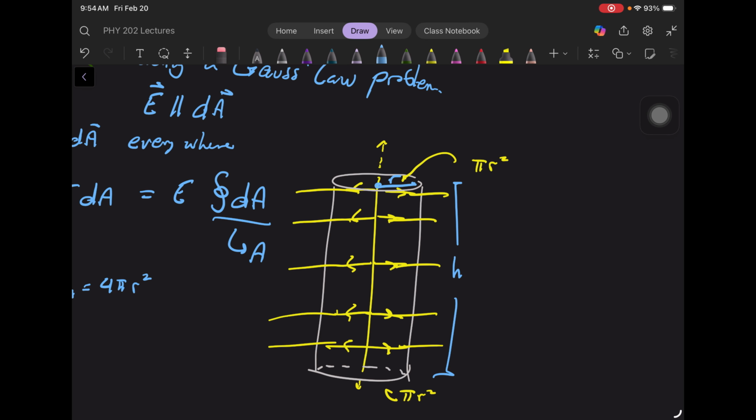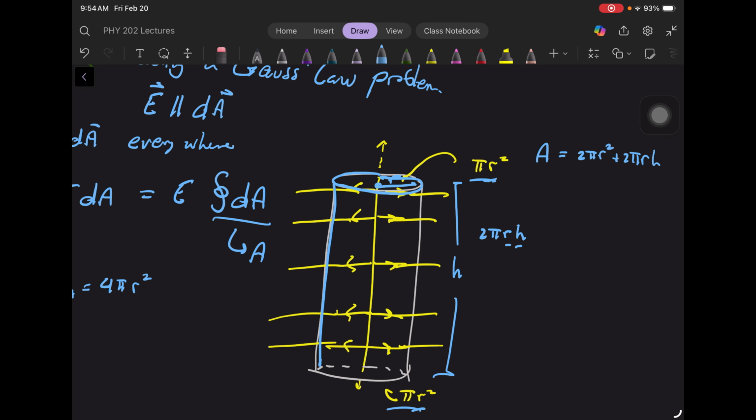And now the outside is just going to be the circumference times the height, right? If you imagine you take that circumference and you just move it all the way down, you have 2 pi r h. And so in each case you have length times length, you get SI units of meters squared everywhere, which is good if you want an area. And so we can say the area of a cylinder is equal to 2 pi r squared, one up here, one down here, plus 2 pi rh.